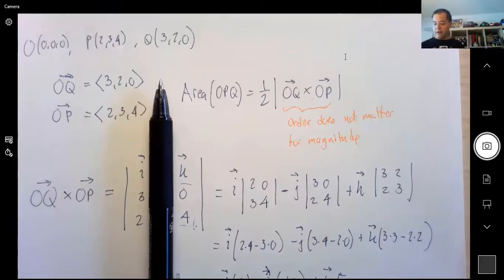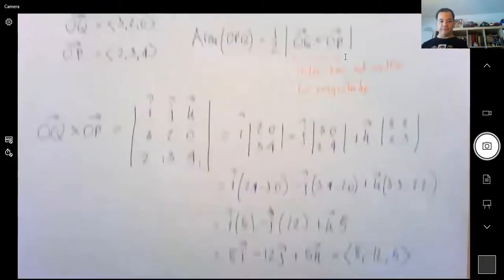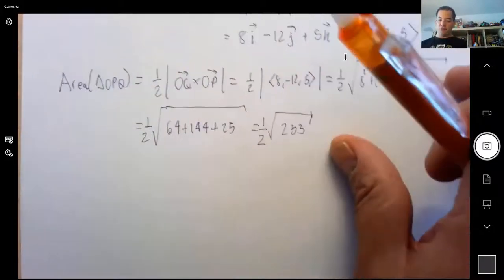Get some practice here. So let's do the next example. Example 4.